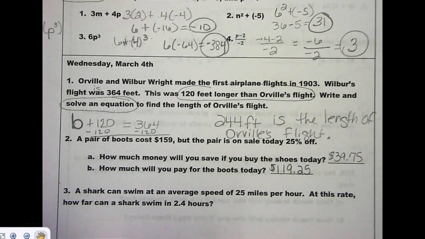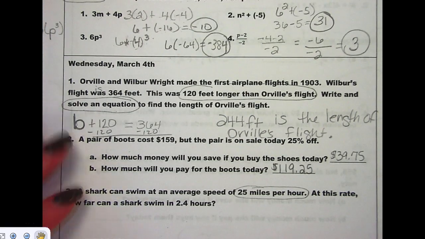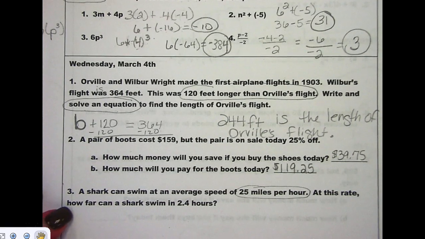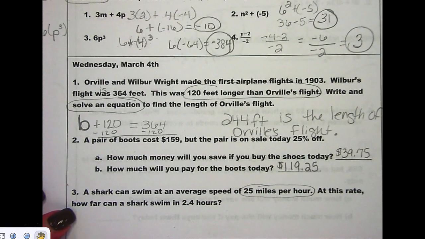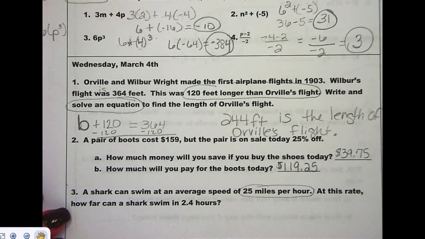A shark can swim at an average speed of 25 miles per hour. That is the rate. At this rate, how far can a shark swim in 2.4 hours? So if I asked you what the constant of proportionality from that problem is, what would you say? You should know that. Come on.